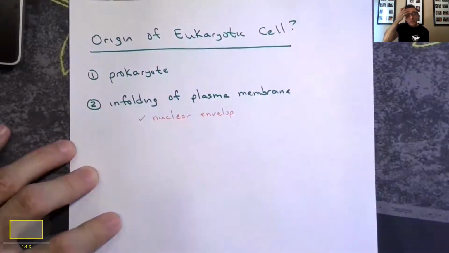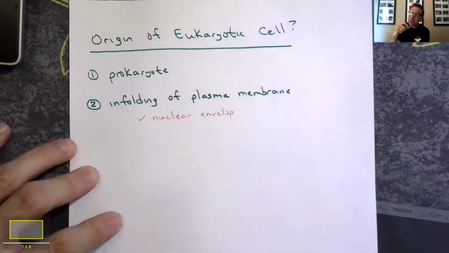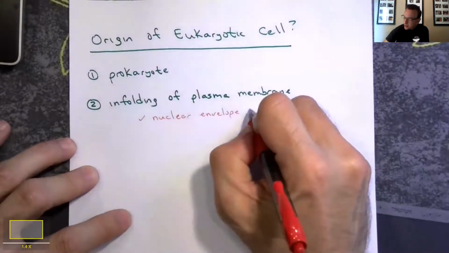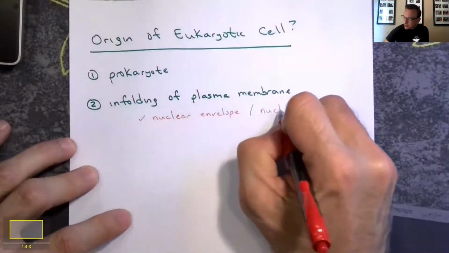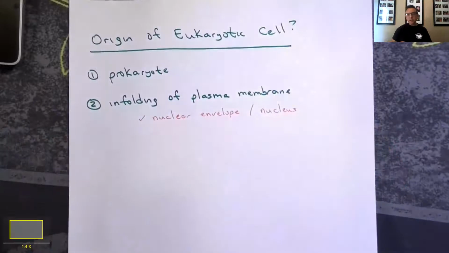Now, if these terms sound familiar because of regular bio, great. If not, and you're thinking, organelles, mitochondria, and chloroplast, nucleus, we will get back to these in topic 2. Don't worry, all right? So this is the nuclear envelope or the nucleus. So that's how the nucleus was formed, is the plasma membrane started to invaginate in or started to infold, right?